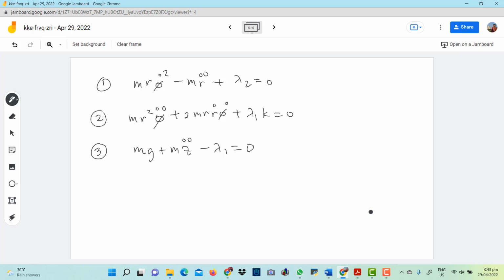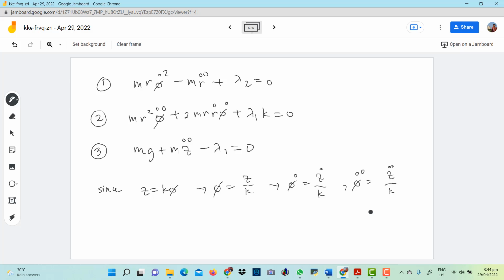Using these 3 equations and the equation of constraints. We know the equation of constraints, since z is equal to k phi, and from that we know that phi is equal to z over k. If you differentiate this, you will get phi dot equal to z dot over k, and phi double dot equal to z double dot over k. k is just a constant.